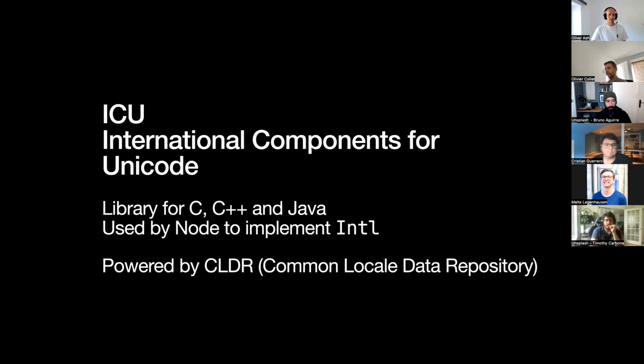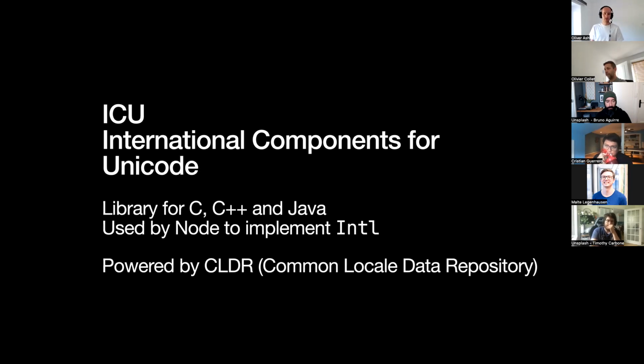These internationalization APIs that we're just looking at, under the hood, use something called ICU. ICU stands for International Components for Unicode, and that is a library for C, C++, and Java. That's how these internationalization APIs are implemented.